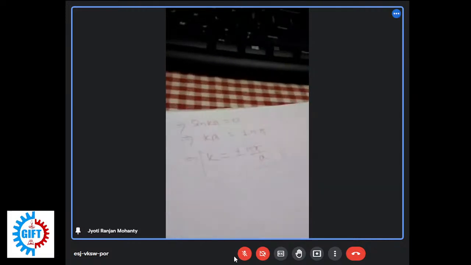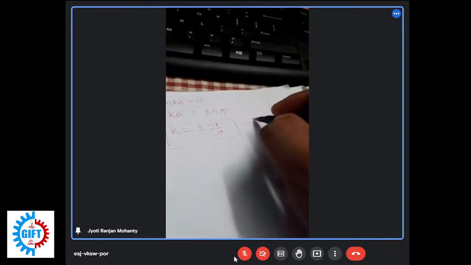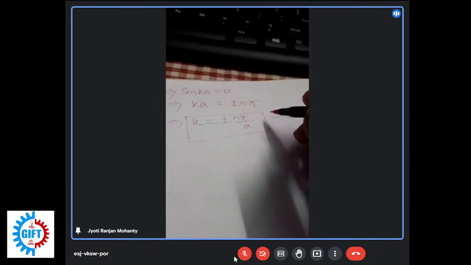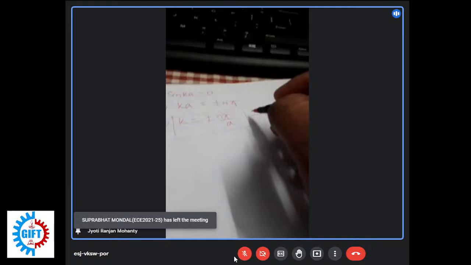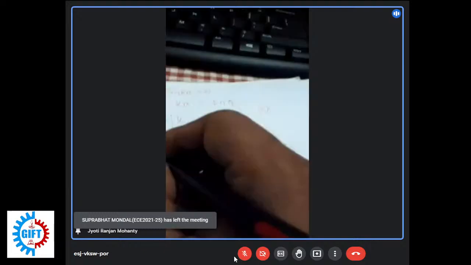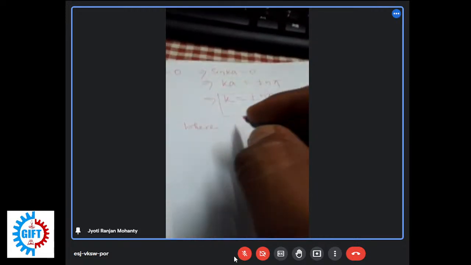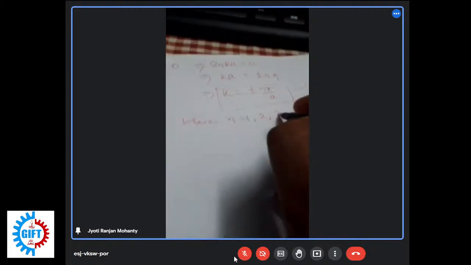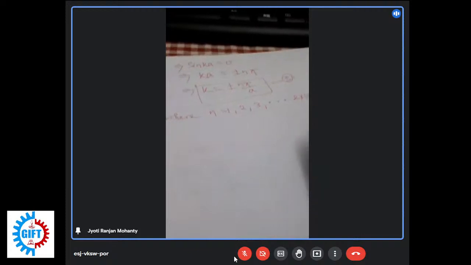This is equation number 5. We got k is equal to plus minus n pi by a, where n is equal to 1, 2, 3, etc., except 0.